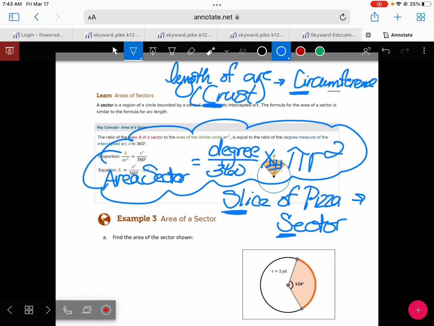So put a big cloud around that formula. That's going to be a very important formula. So it's the measure of your arc, or your angle, out of the whole pizza, 360 degrees, times pi r squared, the area.